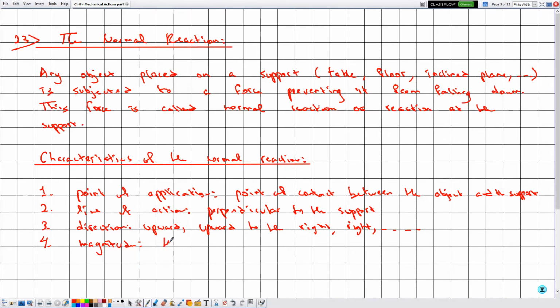Let me say the following: the magnitude of the normal reaction is calculated from the vector relation, and this will be discussed in the coming chapter, which is chapter number 9.